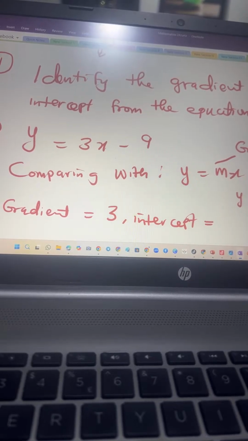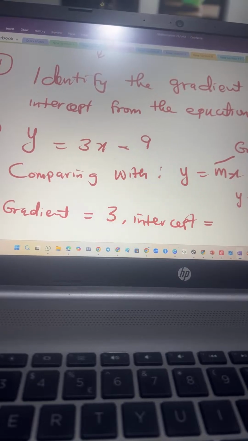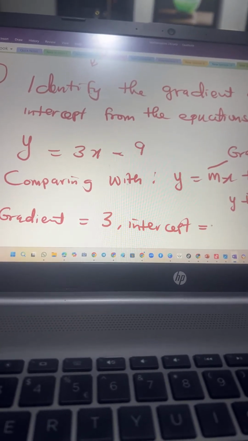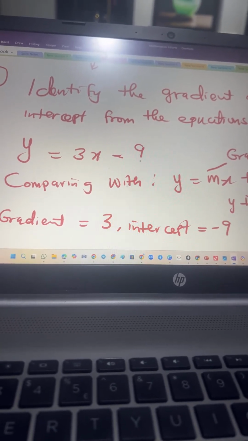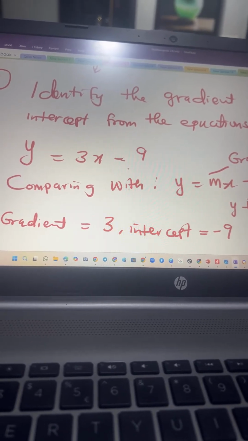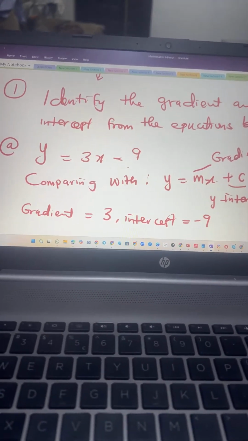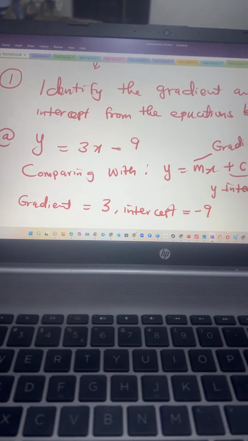So the sign is very important. The y-intercept now is negative 9, not just 9, negative 9. If you write 9, then you are wrong. So are you with me? Yes. Okay, so it's very important that you don't miss out the sign.